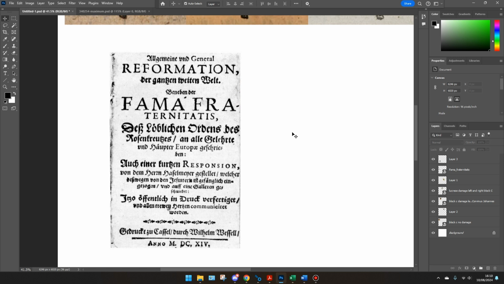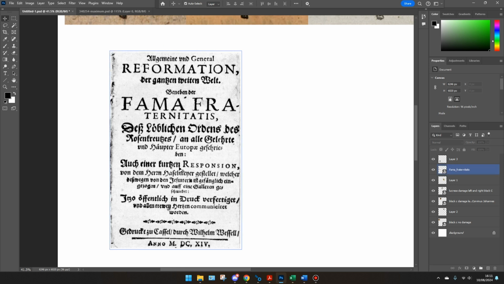When it was printed, it was compiled together with another document, the Reformation of the whole wide world, which allowed the Rosicrucian Brotherhood, or the Fama, to be attached to some other political or religious scenario, meaning it gained a lot of traction, or it would be linked in everybody's mind to the Reformation. But we're going to look a little more into the response here.